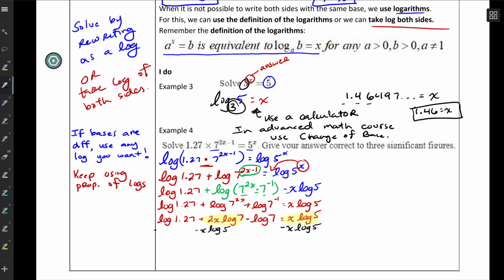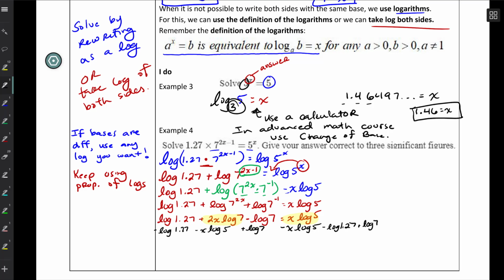So now I'm going to subtract this log of 1.27, and I'm going to add this log of 7. Okay? It's okay to move around entire pieces. That's just one big piece. It's still a number, just a weird looking number.